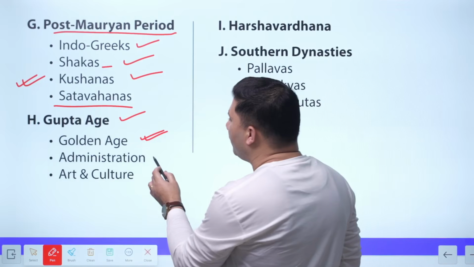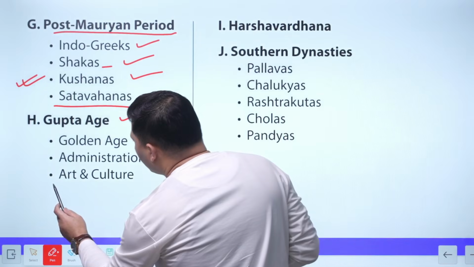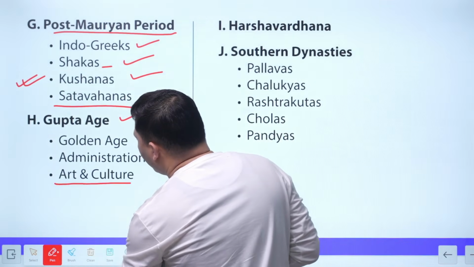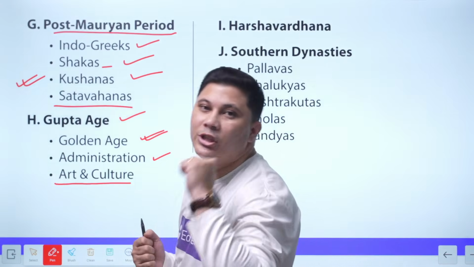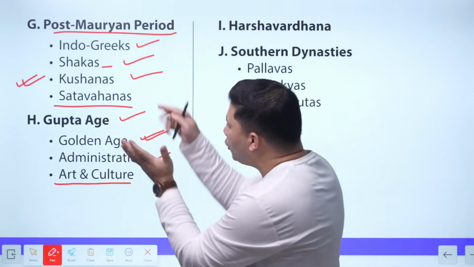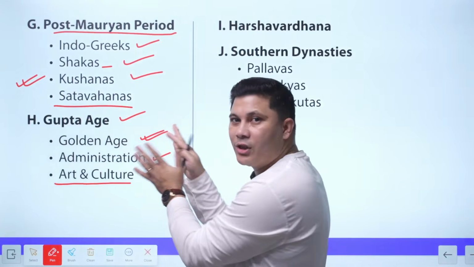Then we will learn about the administration of the Gupta age and how in the Gupta age the temple architecture will begin. Are you guys getting it? So you all have to study this section very properly.